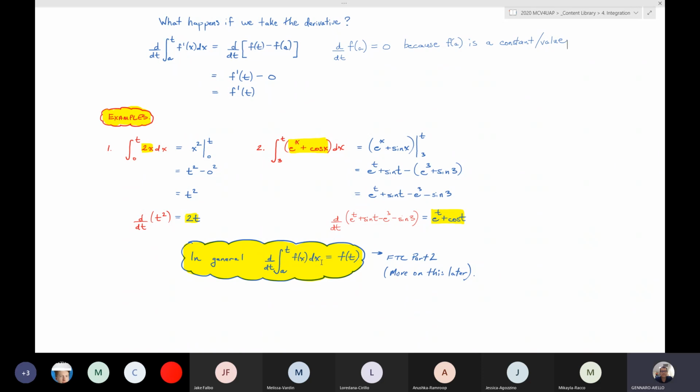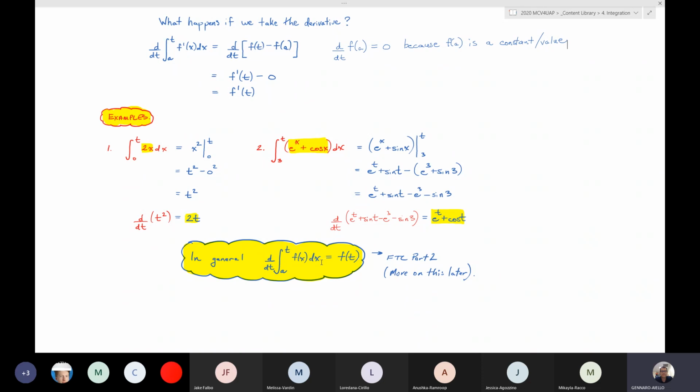The reason we need to talk more about that later is because it is possible to have an integral with both the lower and the upper limits being a variable. In other words, you wouldn't have the integral from a to t, you might have the integral from t cubed to cos t. And then how do I deal with that if I want to find the derivative?